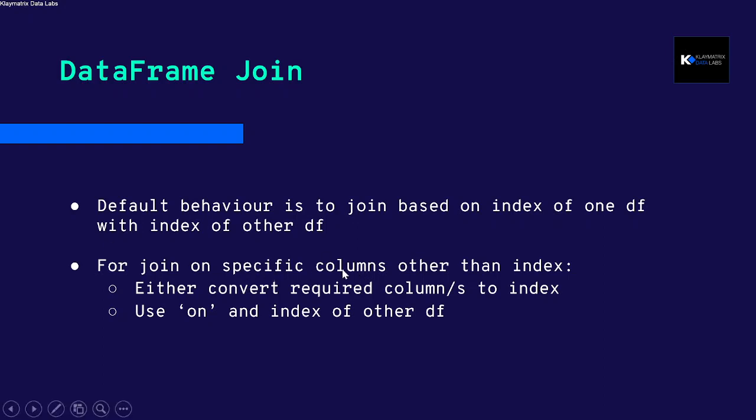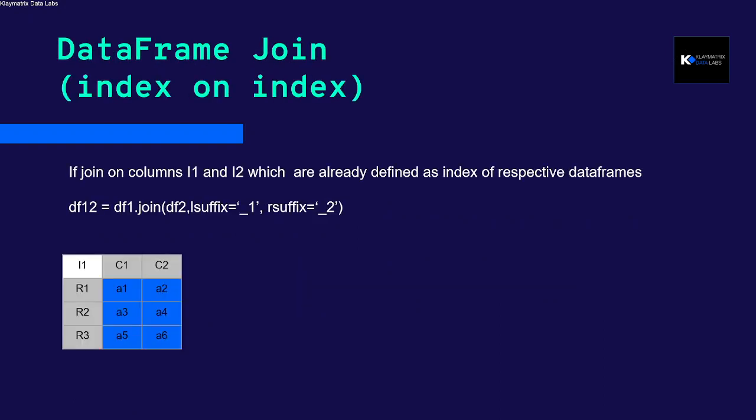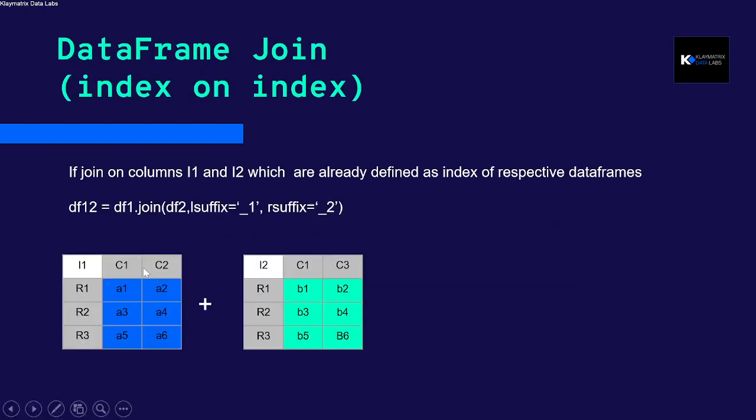For join on specific columns other than index, you have two options. You either convert the required column to an index or use on an index of the other data frame. So basically, what it means is, if you take this example, and if you want to join on this I1 and I2, then it is straightforward.